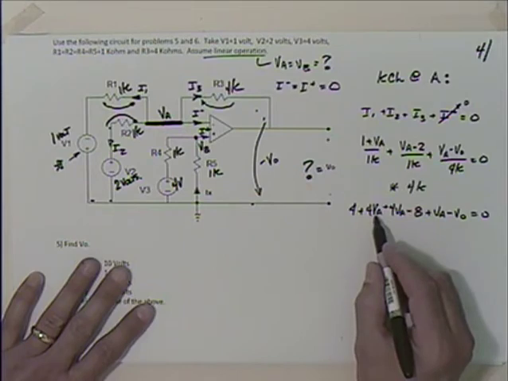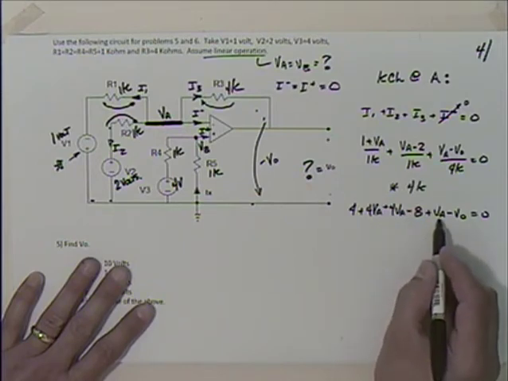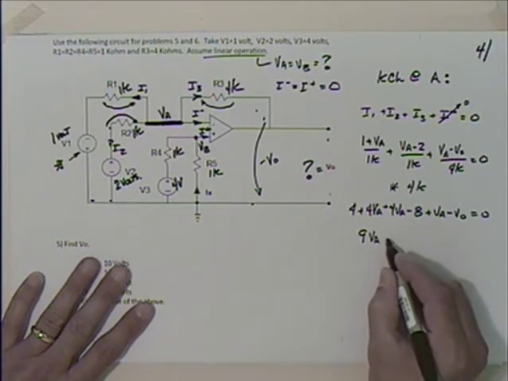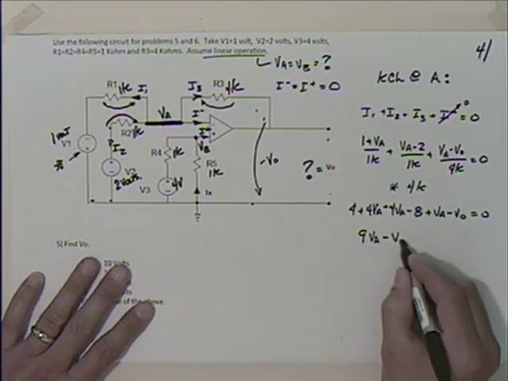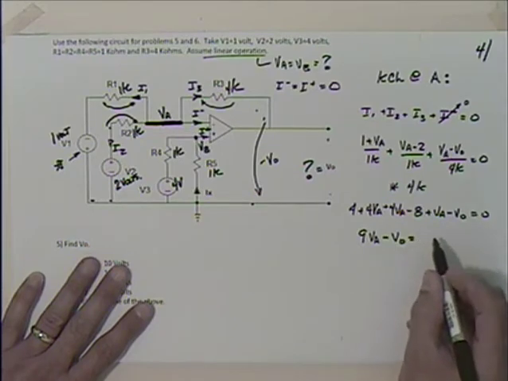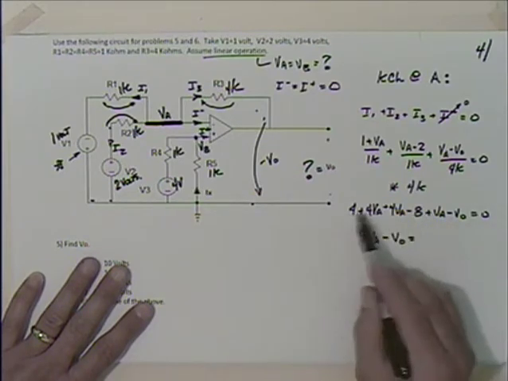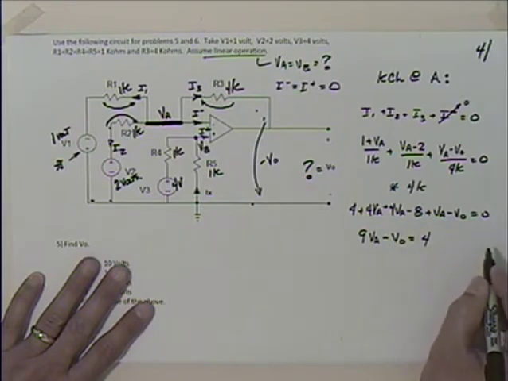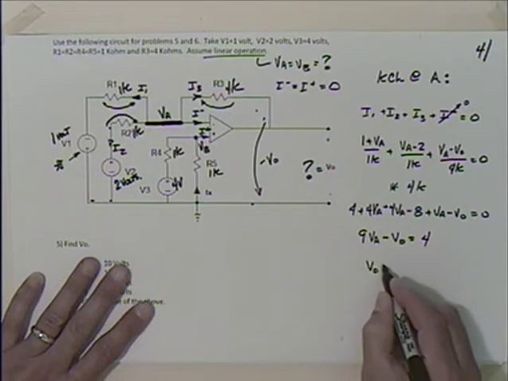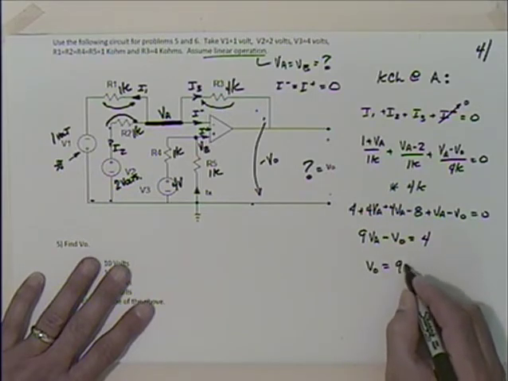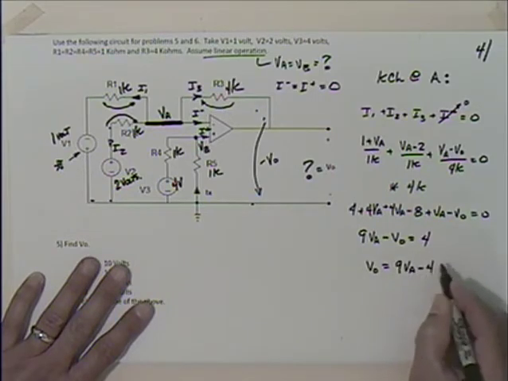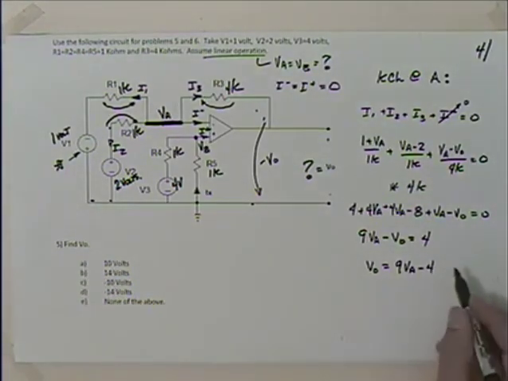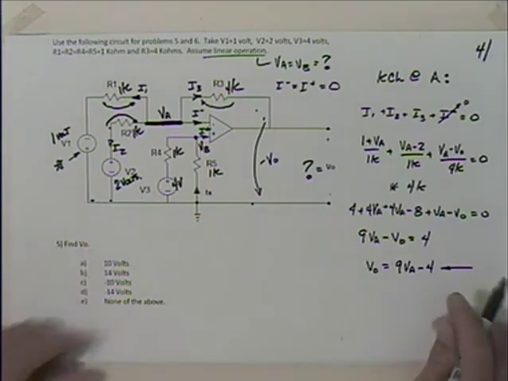I got 8 VA, 9 VA minus V naught is equal to, let's see, I have on this side minus 4, so I'll go over here as positive 4. I could say then that V naught is equal to 9 VA minus 4. Okay, so if only I could find VA. Again, I get the classic situation, one equation with two unknowns.